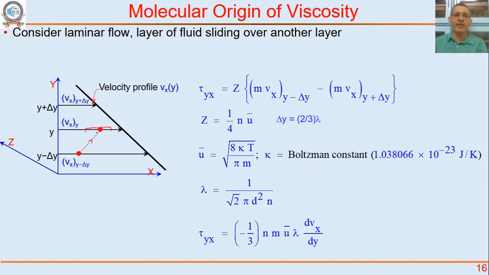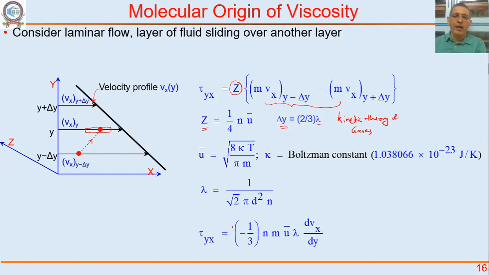And if z is the number of collisions per unit area, then the rate of change of momentum would be the momentum associated with one molecule multiplied by the number of such collisions happening per unit area. And then from kinetic theory of gases, we know these quantities z, number of collisions per unit area, and the mean free path lambda, the distance over which they go and collide, is related to z by 2 by 3 lambda.